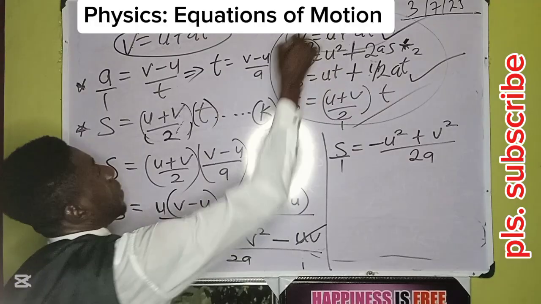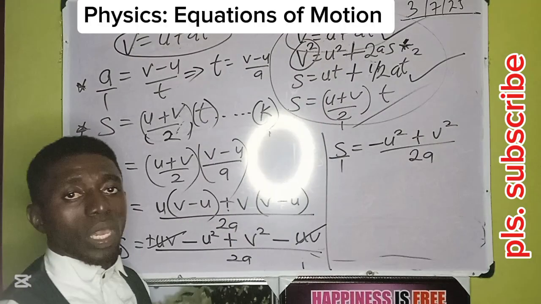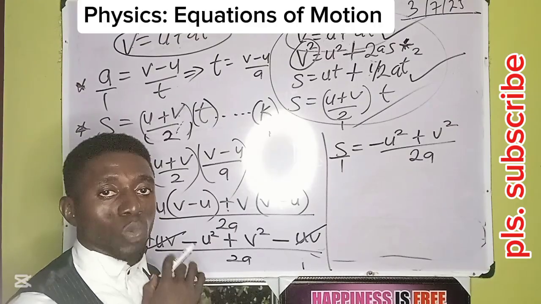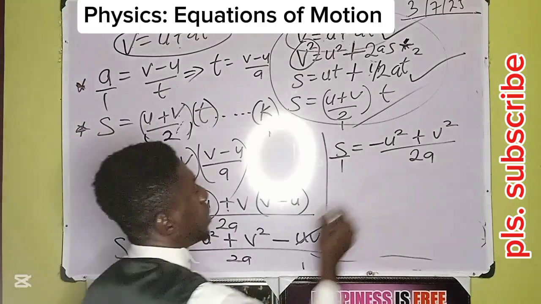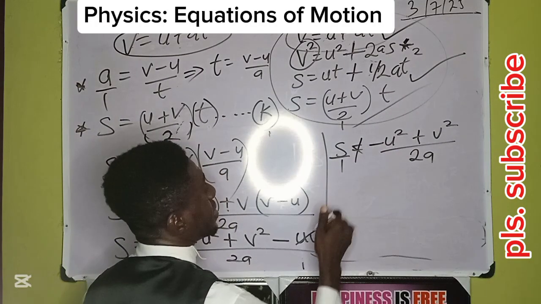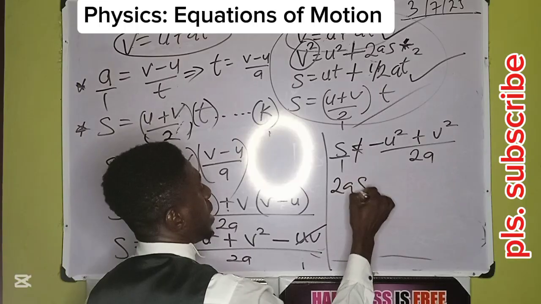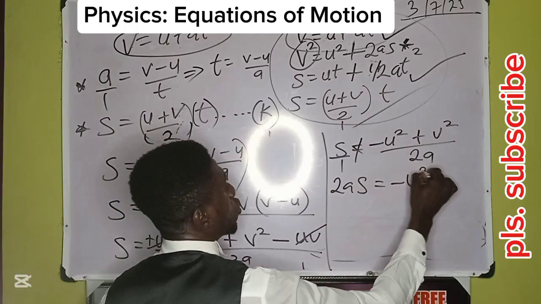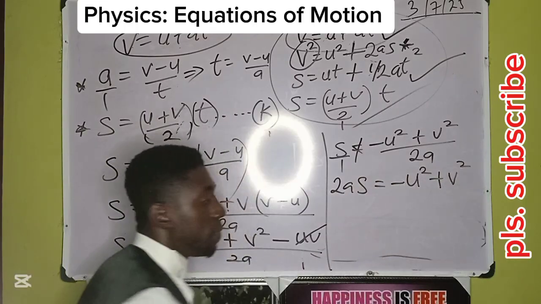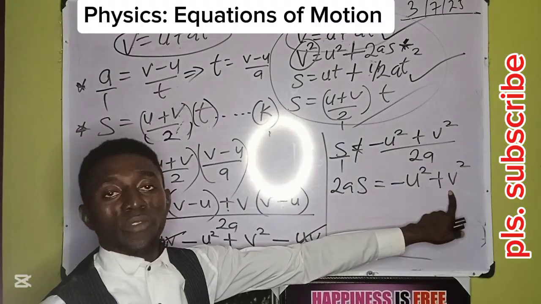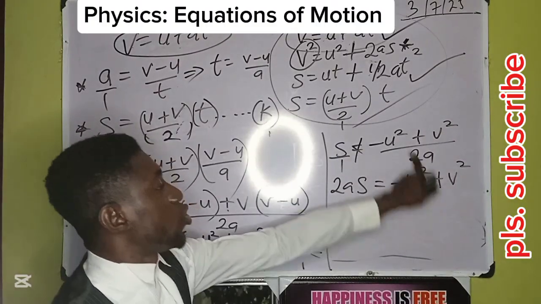As you can see here, our target is v square. If we must get it in the same form as the equations of motion, we'll make v square the subject. Then cross and multiply: 2a times s, 2as is equal to minus u square plus v square. I want to make v square the subject of the formula, so I will push minus u square to the other side.